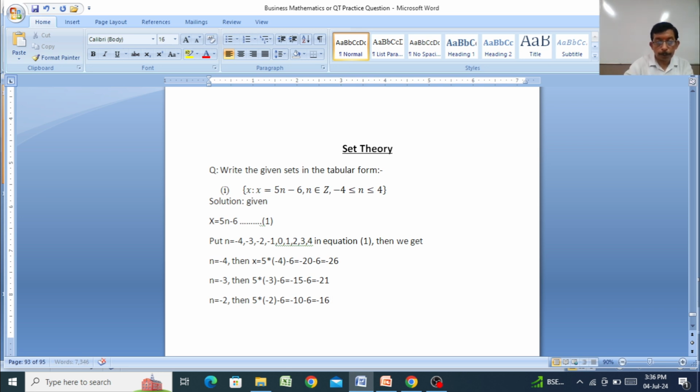Now n is equal to -1, then 5 into -1 minus 6 is equal to -5 minus 6 is equal to -11.